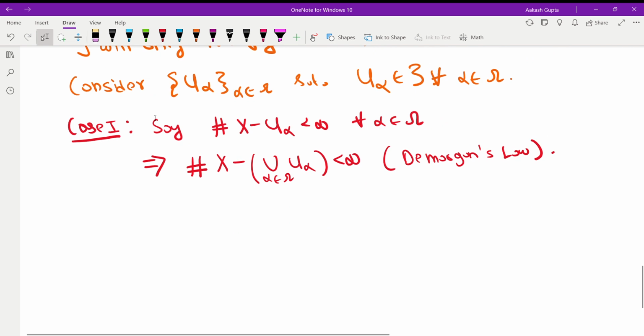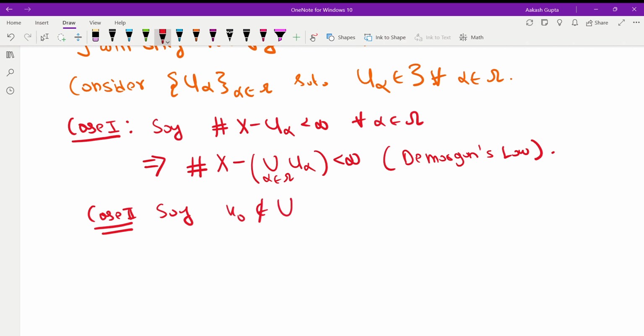Good. What should be case 2? On similar lines, say x naught is not in U alpha for every alpha. So what this implies, guys, if it is not in all, it cannot be in the union, right?